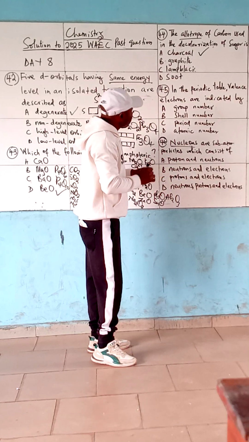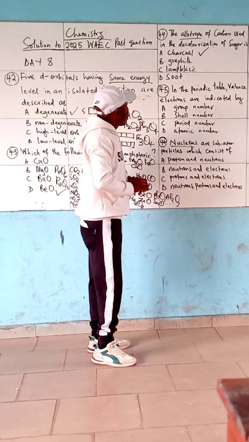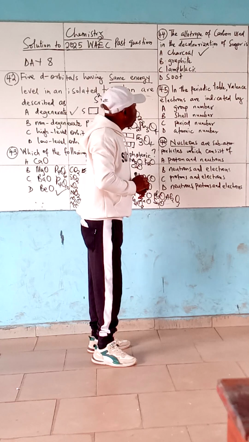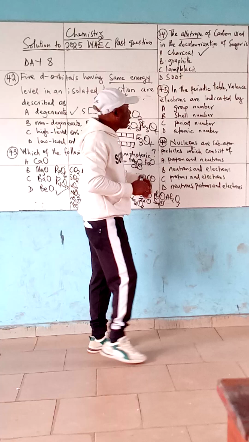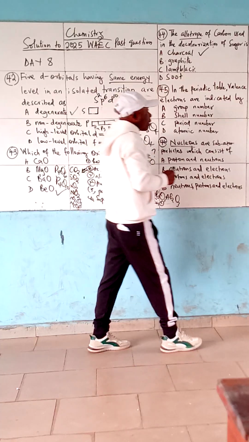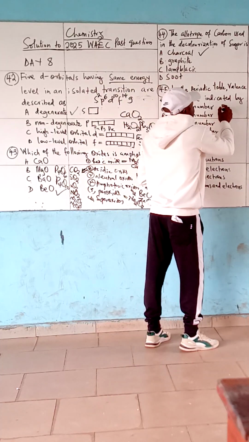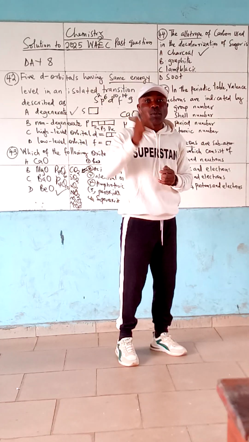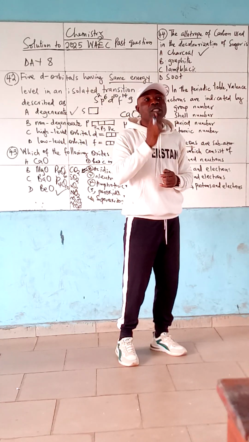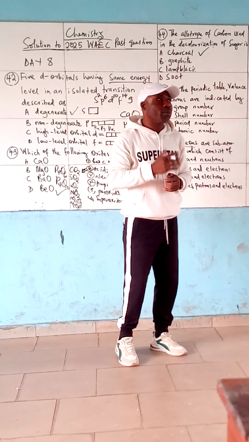Charcoal is the option. Question 45. In the periodic table, valence electrons are indicated by dash. Recall the 2 criteria for arranging elements in the periodic table: number 1 is atomic number, number 2 is electronic structure of the element.